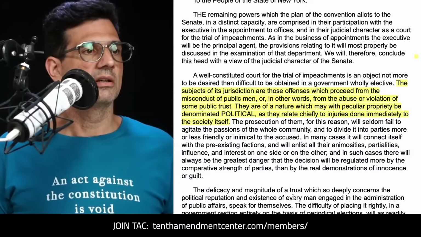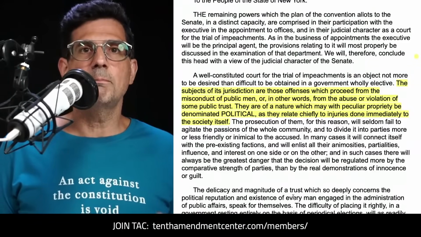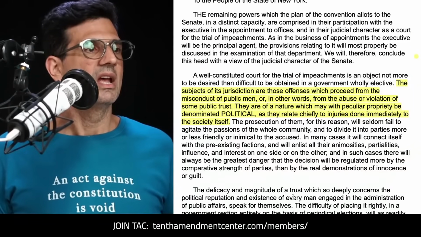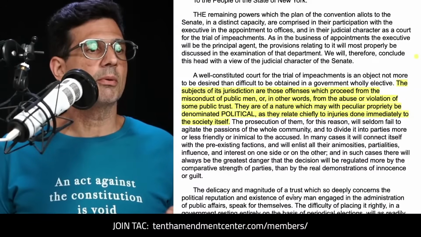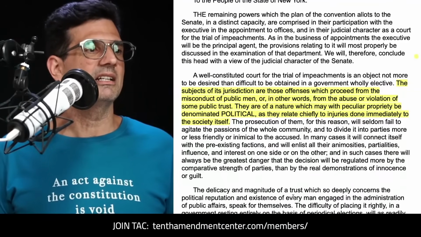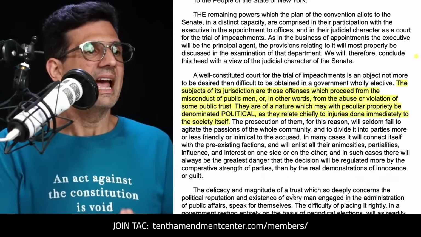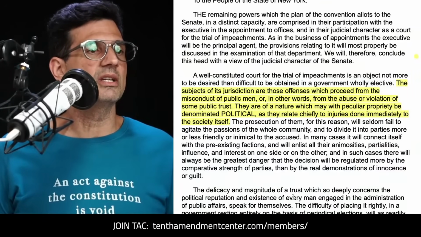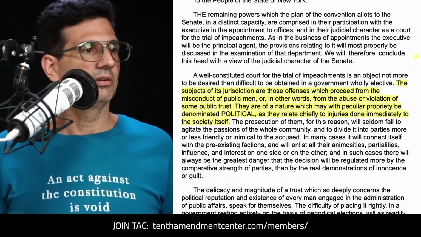Or in other words, from the abuse or violation of some public trust. They are of a nature which may with peculiar propriety be denominated political." And Hamilton went all caps on political, "as they relate chiefly to injuries done immediately to the society itself."